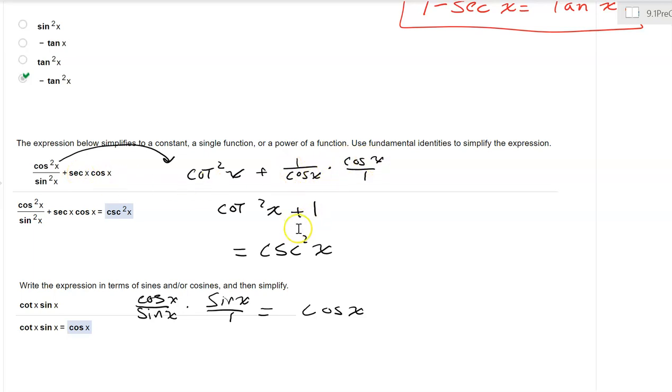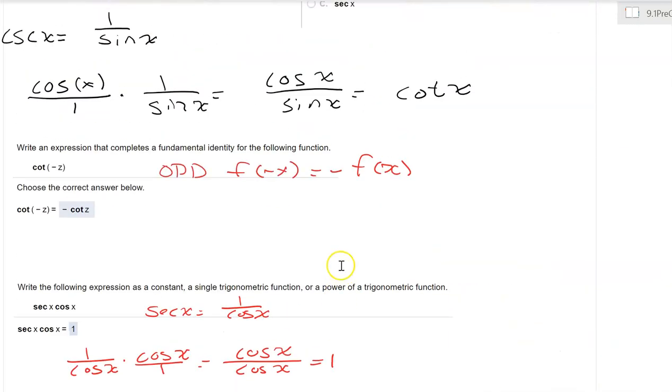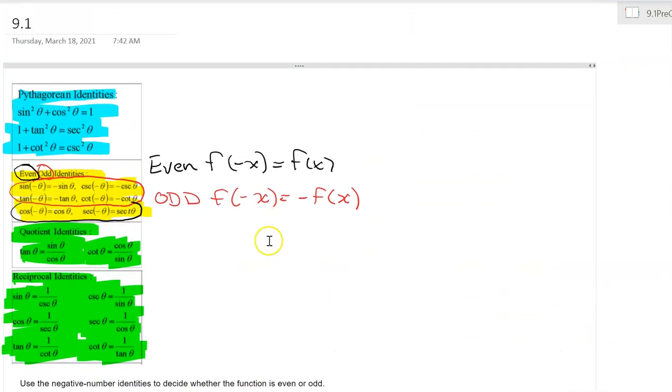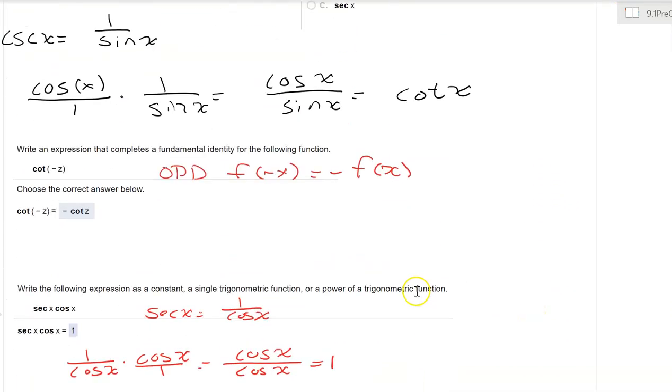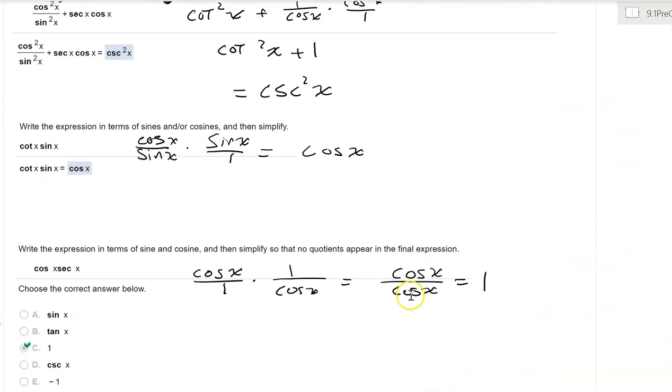So this gives us 1, and so we can look at the original Pythagorean theorem identities, and we can see that cotangent squared plus 1 is equal to cosecant squared of x. And if you need to refer back to these, have those ready and available for yourselves.